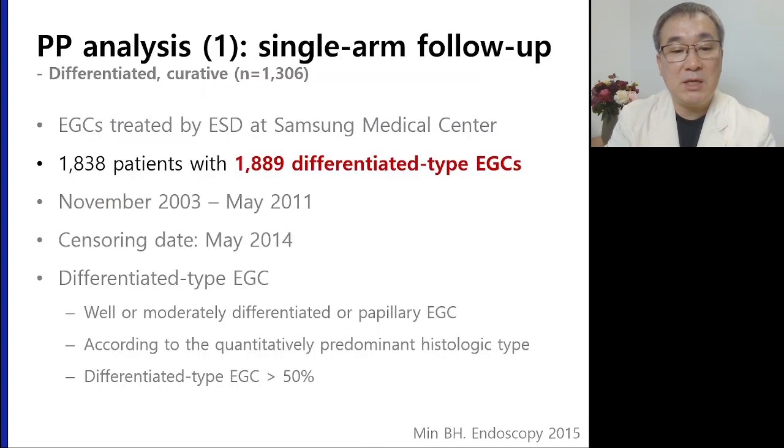Next evidence is the PP analysis. It's a single-arm long-term follow-up data for curatively resected differentiated type early gastric cancers.